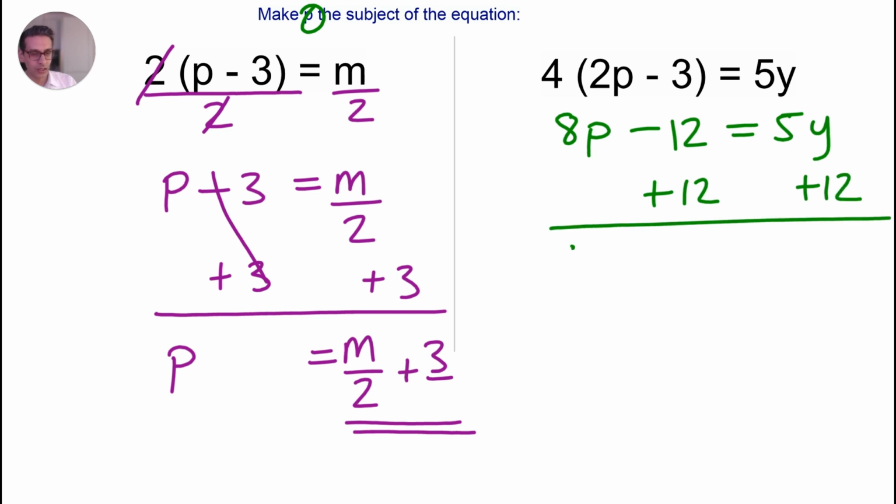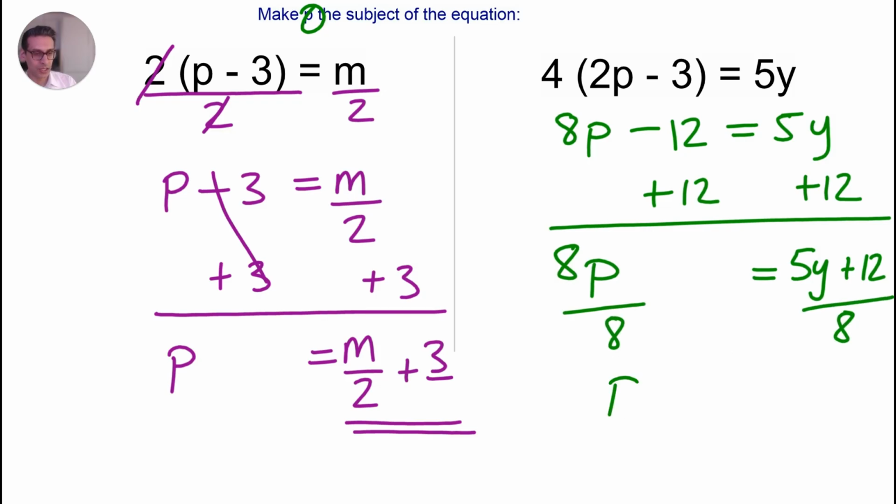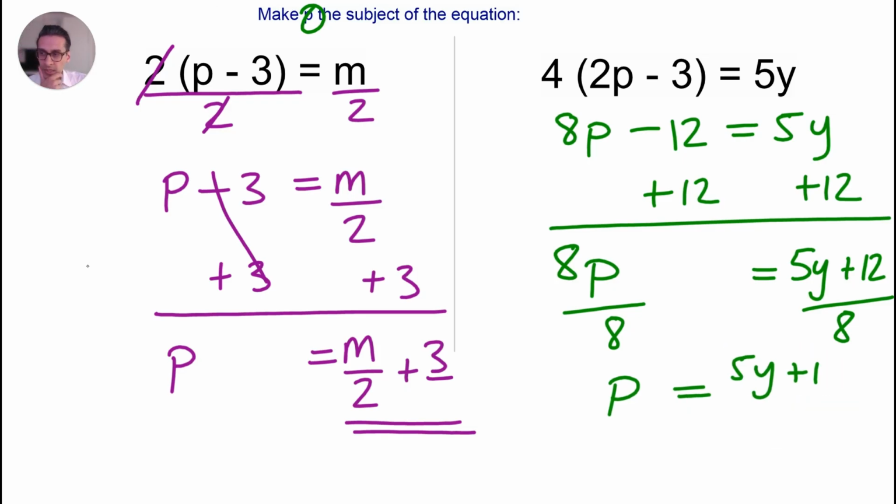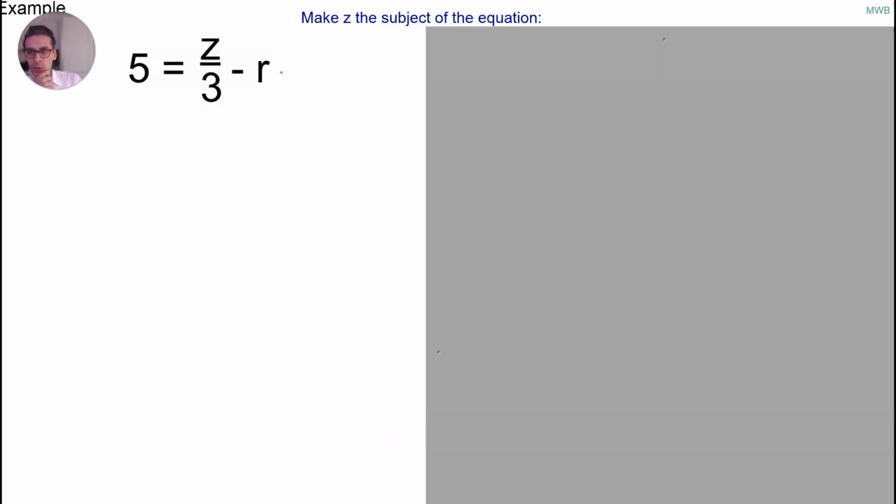So that gives me 8p, that's a 0 pair, is equal to 5y plus 12. And then I'm going to divide by 8, divide by 8. So p equals 5y plus 12 all over 8. That is your final answer. Hope that was useful. Let's try some more practice with some harder questions.